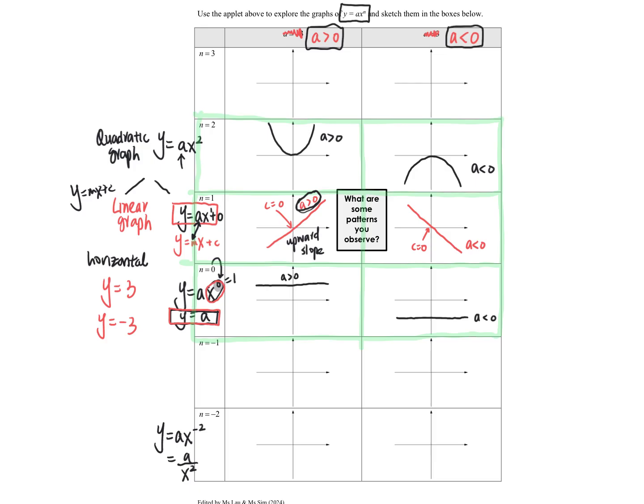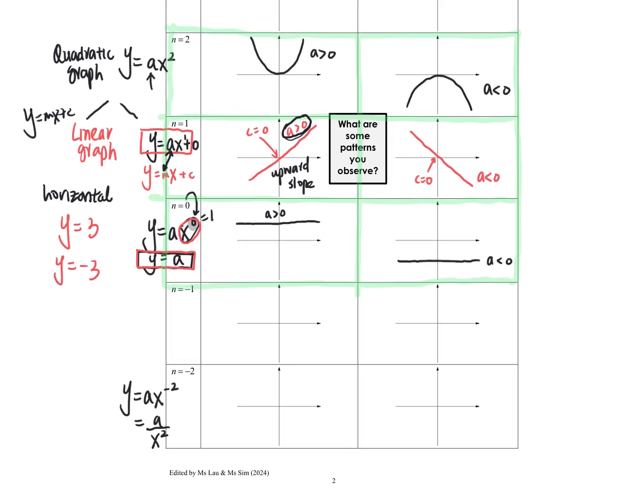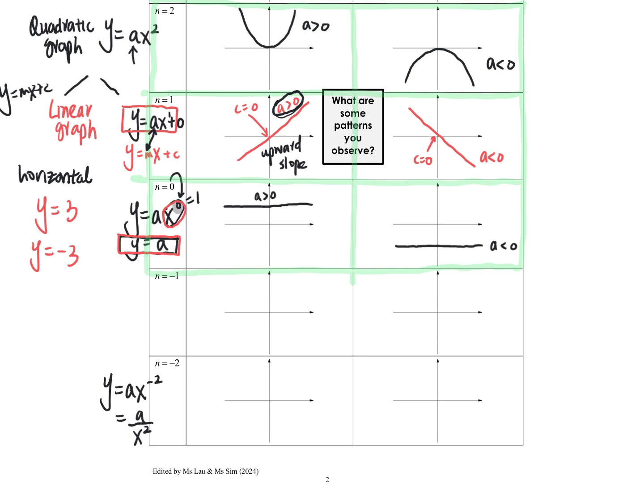So just now, you just plotted the first graph. And we have shown you that if it is y equals 1 over x squared, if you plot it out, it will look like this. So if A is positive, then this is how the graph should look.